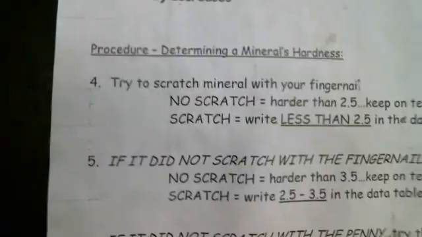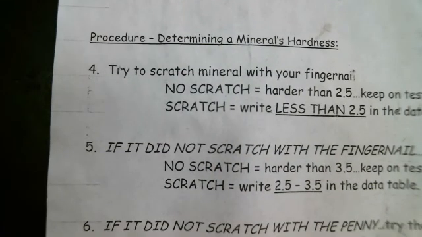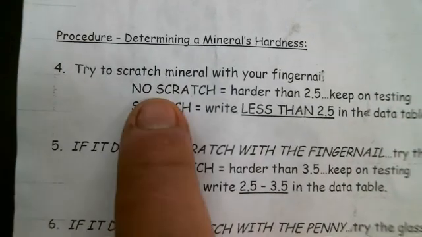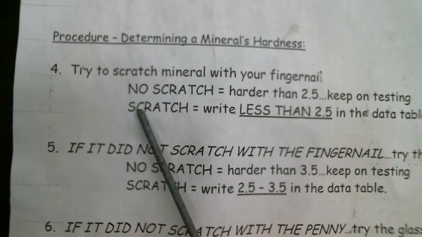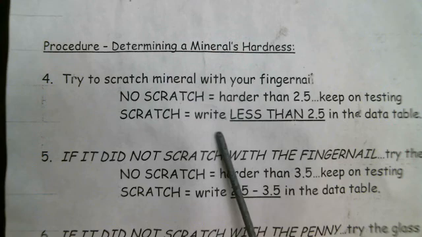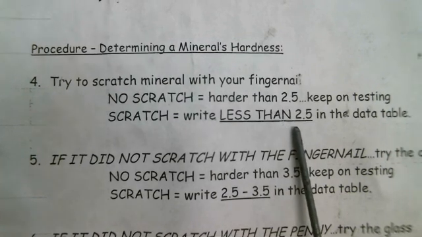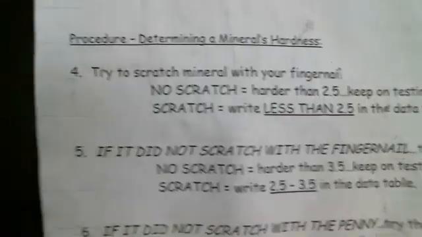So the first procedure says to try to scratch the mineral with your fingernail. If it does not scratch, then it's going to be harder than 2.5, and we're going to keep on testing. However, if we can scratch it, then we know that the hardness of the mineral is less than 2.5, and we will stop there and record that in the data table.